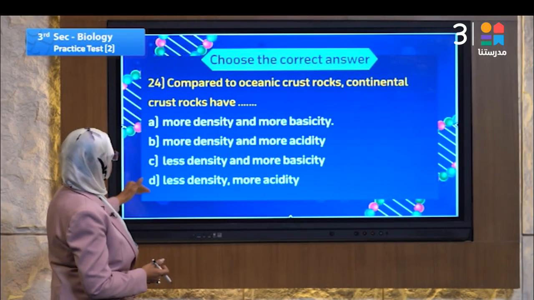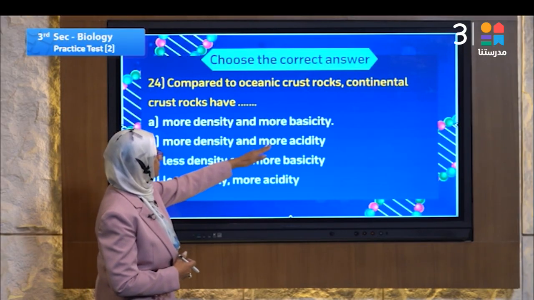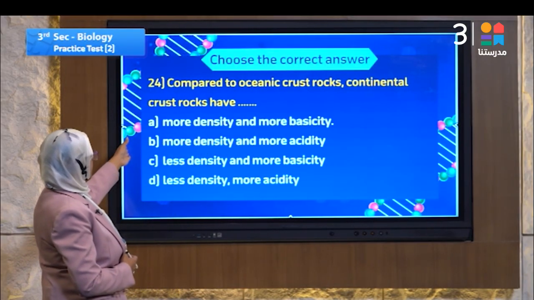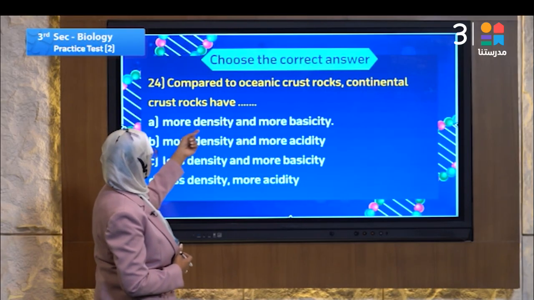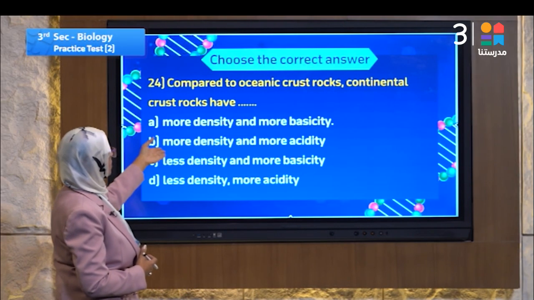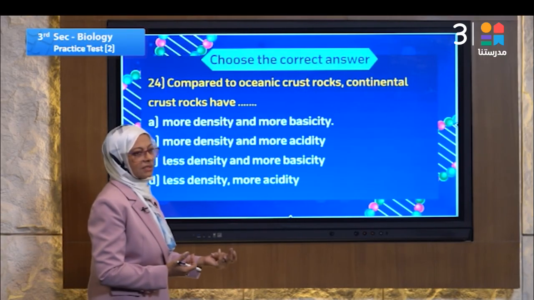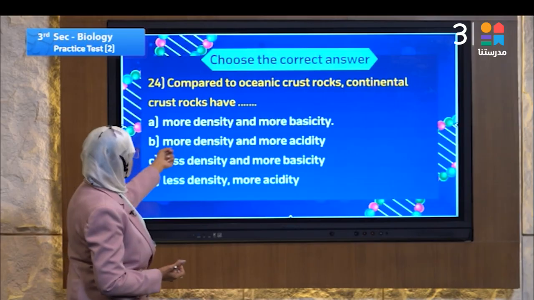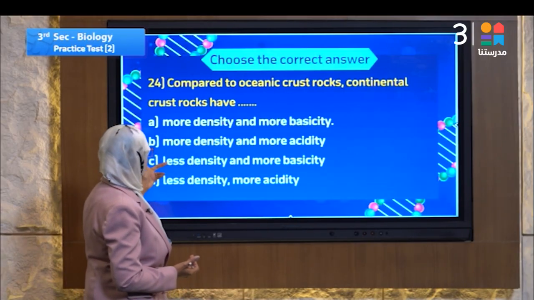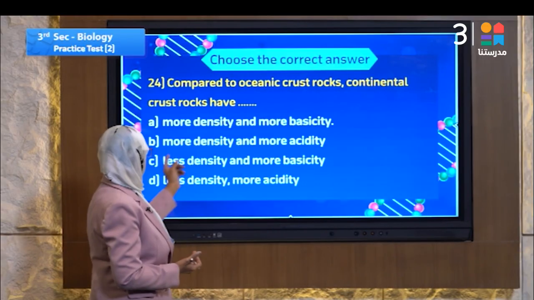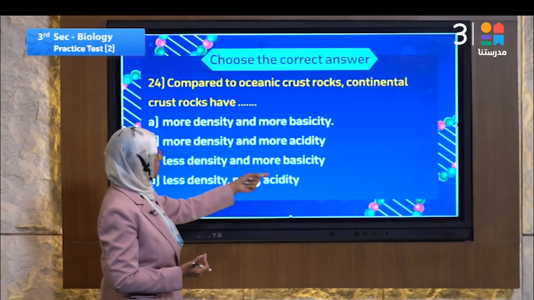The four choices. The first one is more density and more viscosity. Does that mean the oceanic crust is more dense? No, he speaks about the continental one. Is the continental more dense? No, I think it is very light and fluid. More density and more acidity? Maybe, but not acidity. Less density and more viscosity?